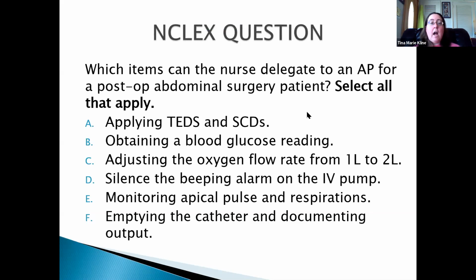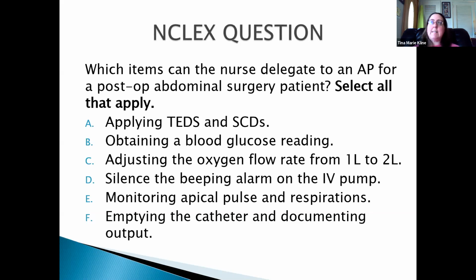All right, C, adjusting the oxygen flow rate from 1 liter to 2 liters. Absolutely not. Your APs really should not be touching that flow meter. Now remember, we're in the Magic NCLEX hospital and everybody works in their scope of practice, okay? So APs should not be touching that. Do I see it happen in real life?